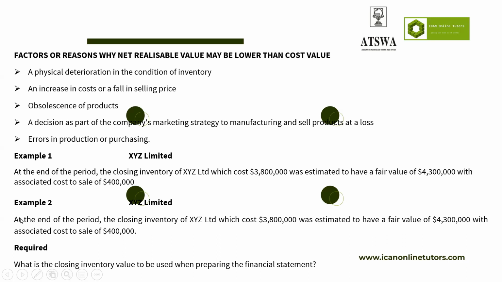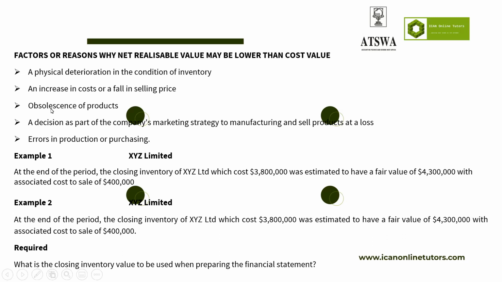At the end of the reporting period, the closing inventory of XYZ Limited cost $3.8 million, was estimated to have a fair value of $4.3 million with associated cost to sell of $400,000. What is the closing inventory used in preparing the statement of financial position?